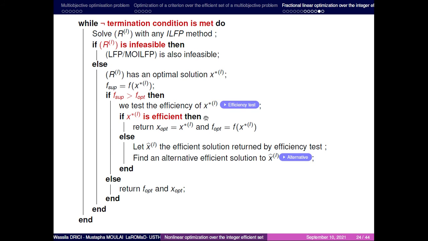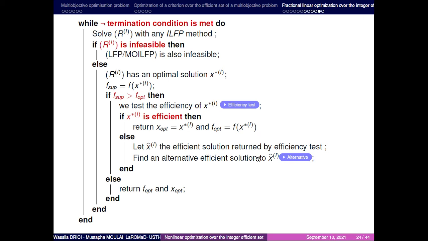Now, if x star L is efficient, then we update x-opt and f-opt, and the algorithm stops. Else, let x hat L be the efficient solution returned by efficiency test and by using theorem 2. We may have an equivalent solution to x hat L that doesn't necessarily have the same value of f.